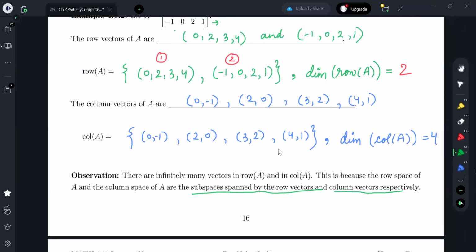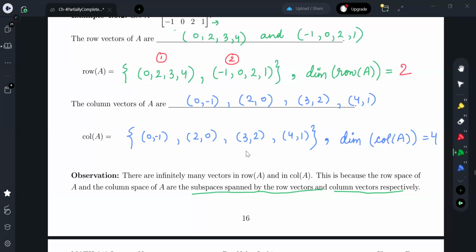So what happens is you can multiply a vector by any scalar and add any linear combination, and it will be in the row space. So it contains everything. It contains all linear combinations of these vectors also, right?